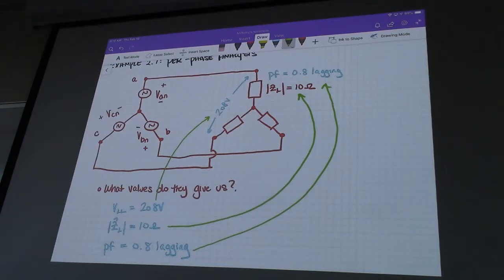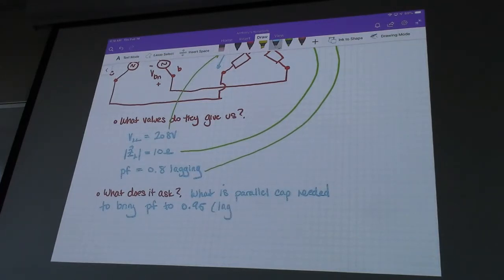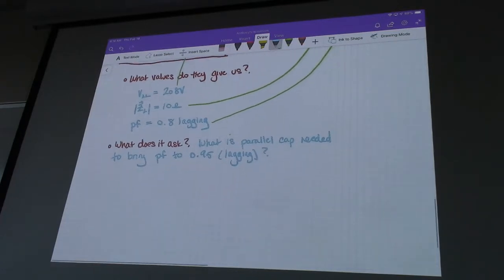And it asks us to calculate what parallel capacitance is required in order to bring us to a 0.95 power factor.